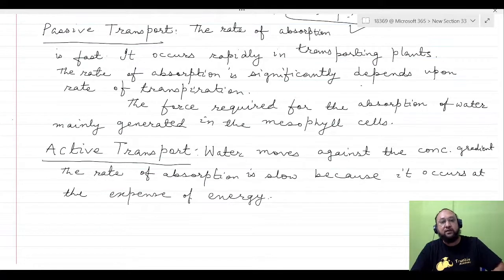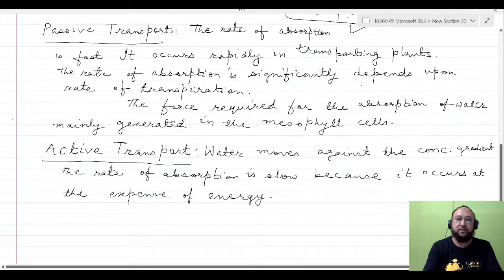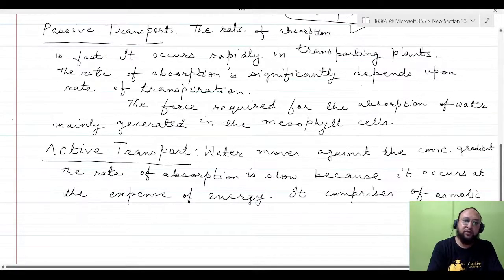So the absorption or transport process will be slower than passive transport because it requires energy. Now the force comprises of osmotic and non-osmotic forces.